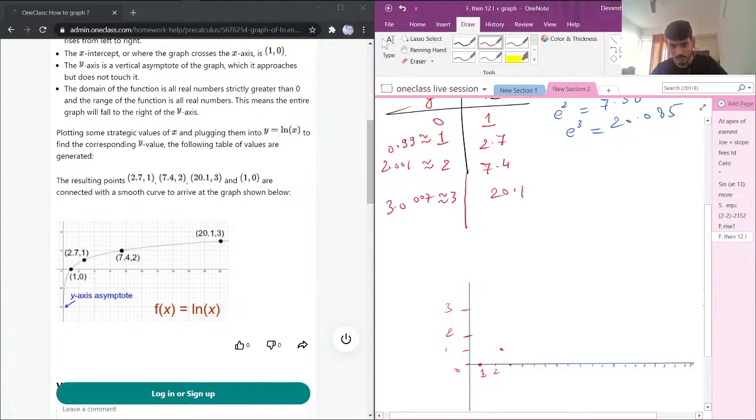So 1, 2, 3, 4, 5, 6, 7. 7.4 and here we have 2, and fourth one is 20.1. This was 20.1 and we have 3.